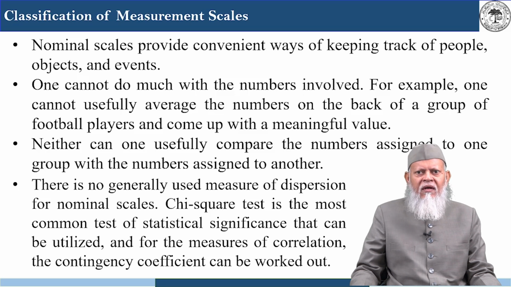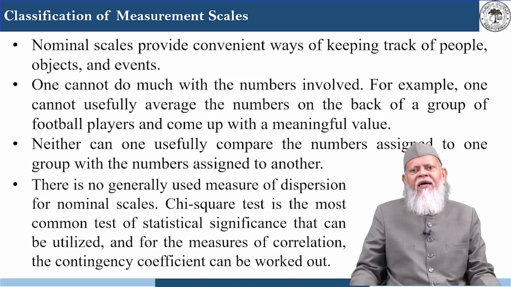Further, player 1 plus player 2 is equal to player 3, it is not possible. It is also absurd. Or player 5 minus player 4 is equal to player 1, this is also absurd.